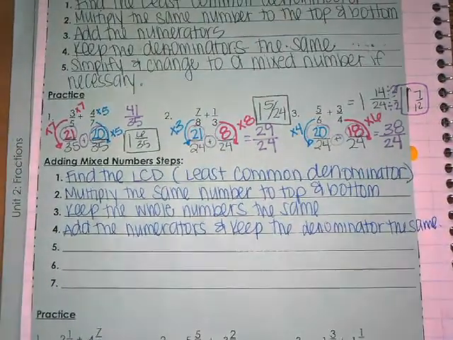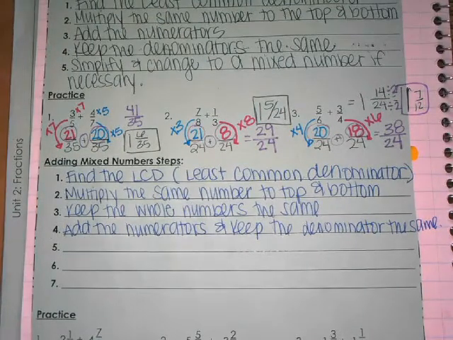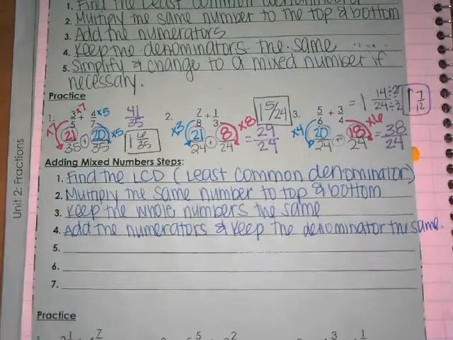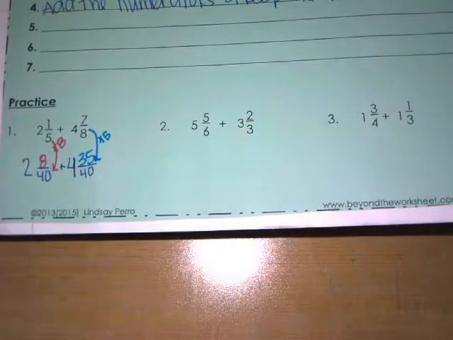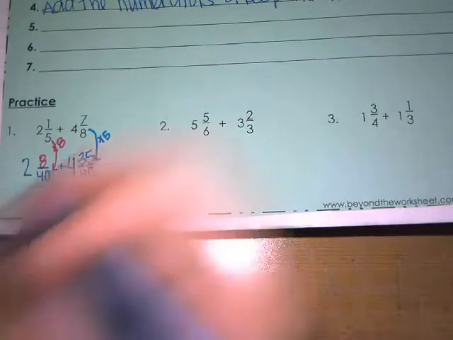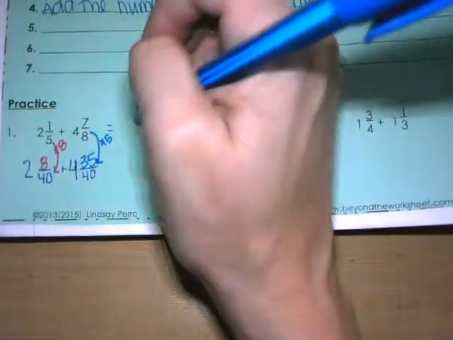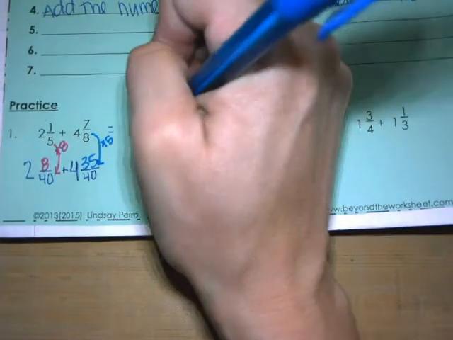Add your fractions and keep your denominators the same. So if we go down to this problem, I have 8 plus 35. What is 8 plus 35? So I have 43 over what?